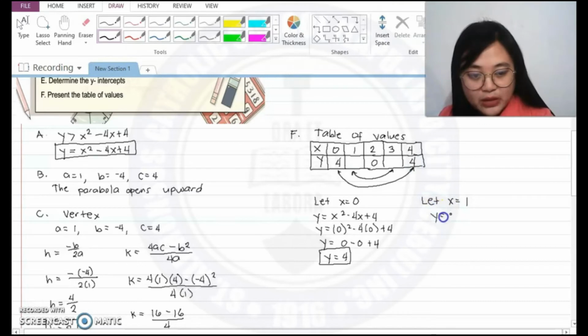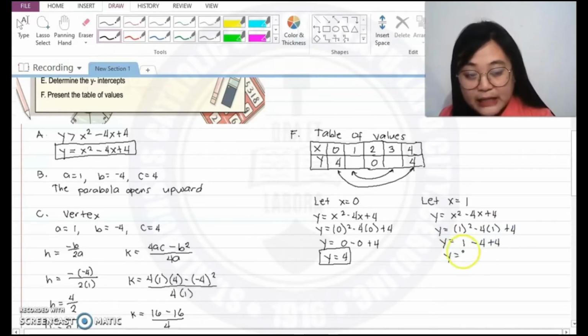So y equals x squared minus 4x plus 4. y equals 1 squared minus 4 times 1 plus 4. y equals 1 minus 4 plus 4, and the answer for that is 1. And you will just put 1 here, then the other one at its symmetrical point.